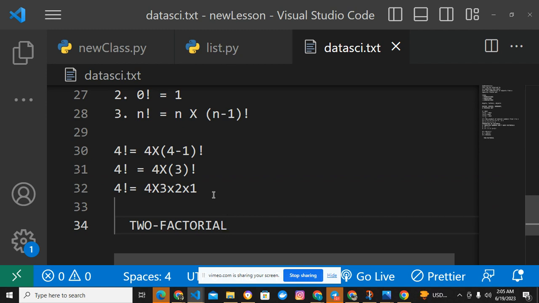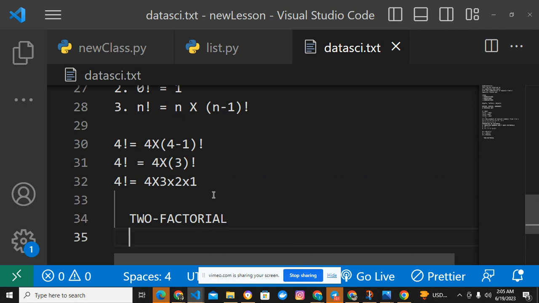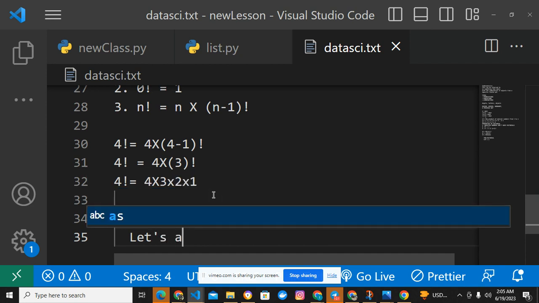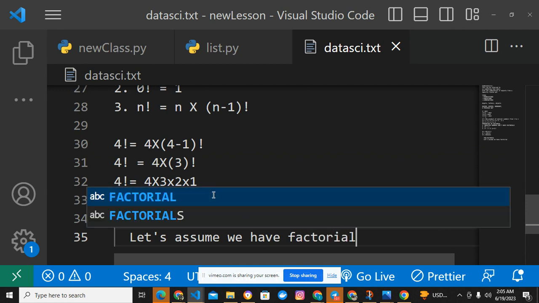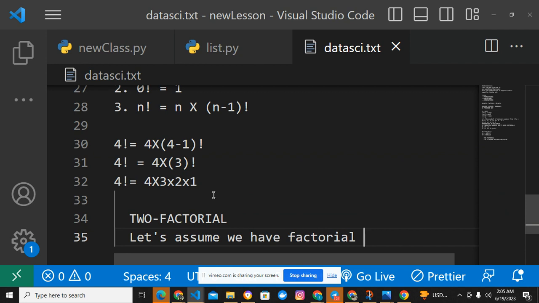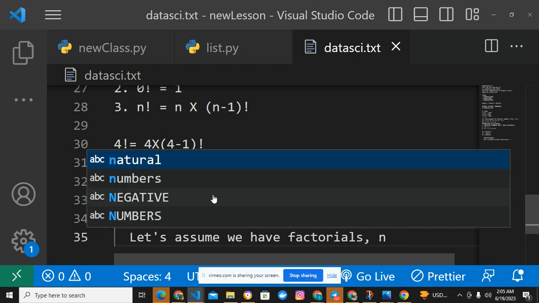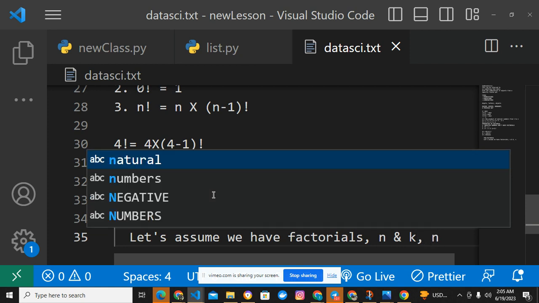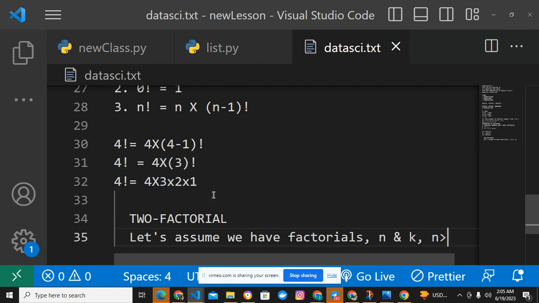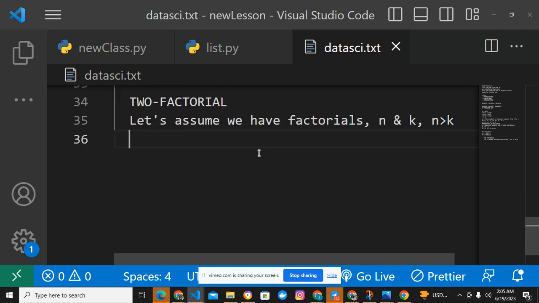Let's assume we have factorials n and k, and of course n is greater than k.